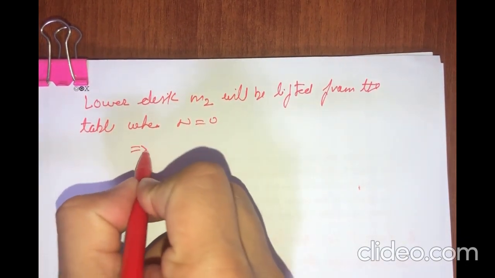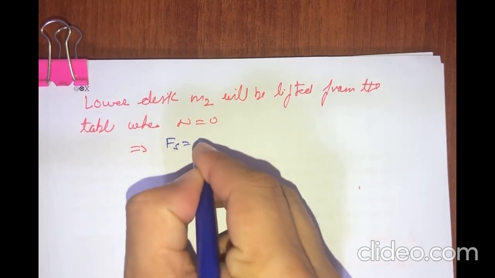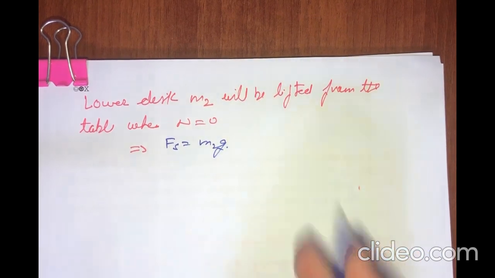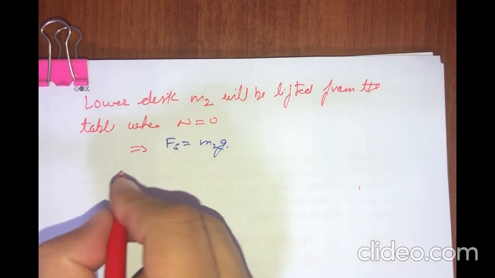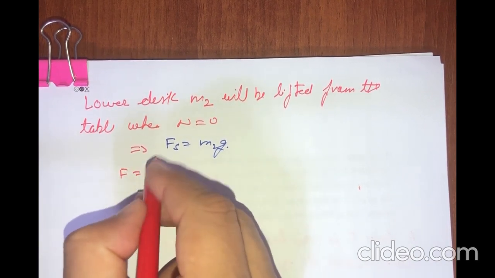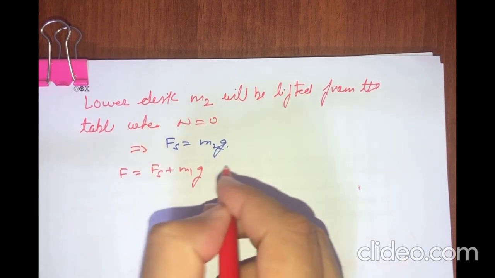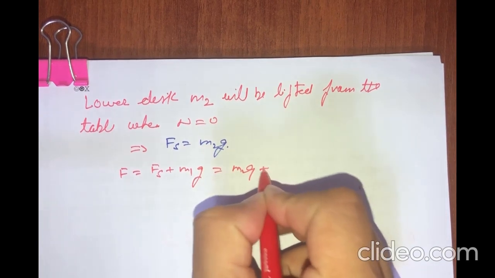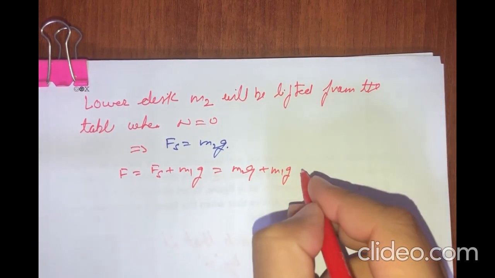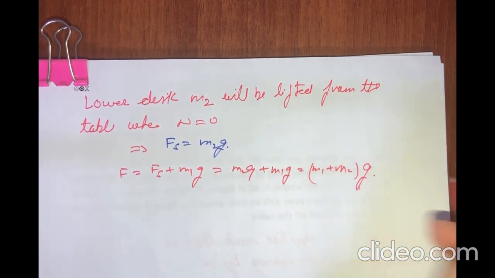So we can say that our Fs will be equal to M2G, and we already know the equation that F is equal to Fs plus M1G. Substituting the value of Fs, this can be written as M2G plus M1G, and taking G as common, the force will be equal to M1 plus M2 times G.